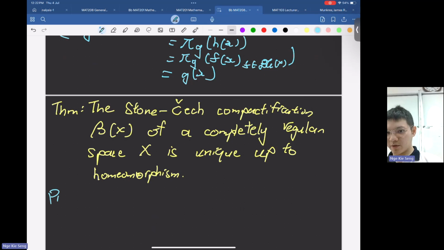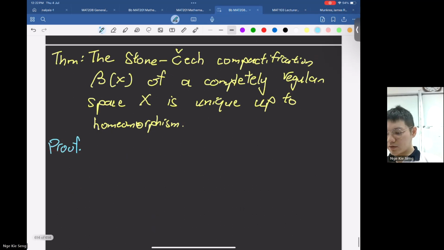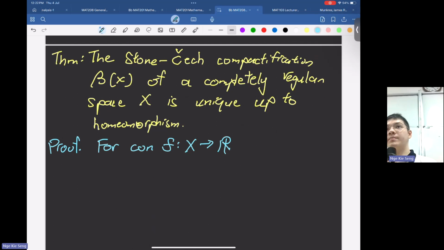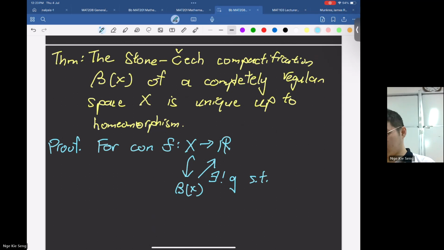So let's start the proof a bit. For every continuous f from X to R, what can you do? There exists a unique g from beta X to R such that when you restrict to X, you get f.